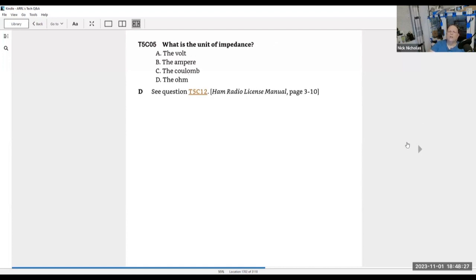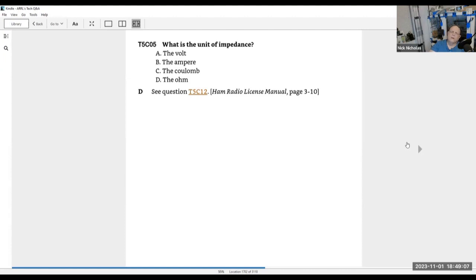What is the unit of impedance? Remember, I gave you the impedance formula already. Impedance is the square root of the square of the resistance plus the square of the inductive reactance, which is the formula 2 pi FL, and the capacitive reactance, 1 over 2 pi FC.